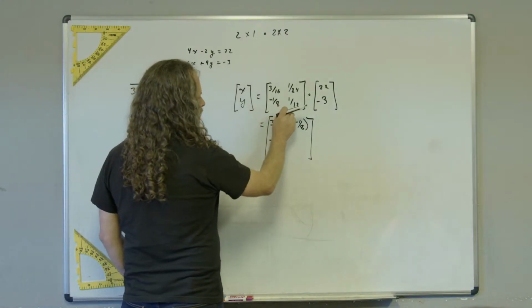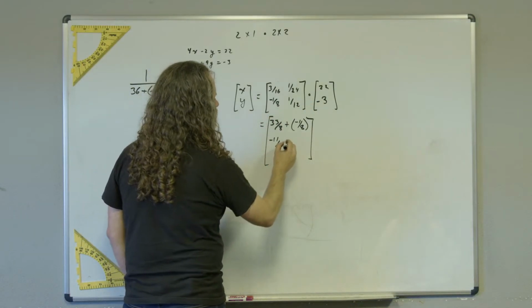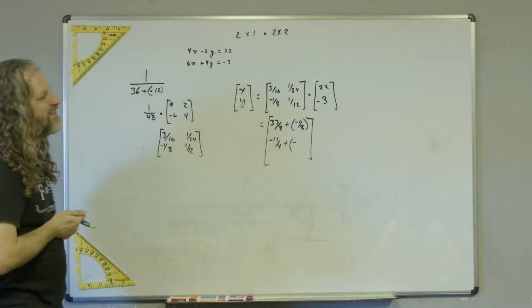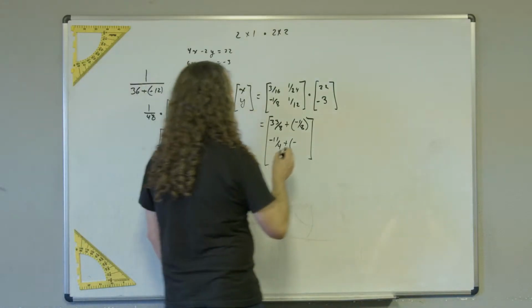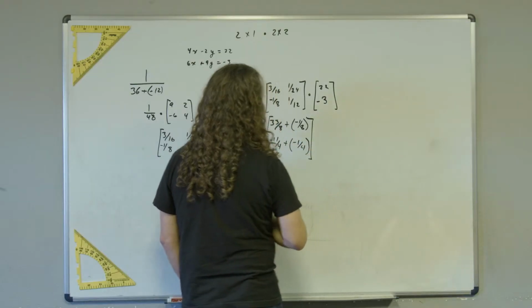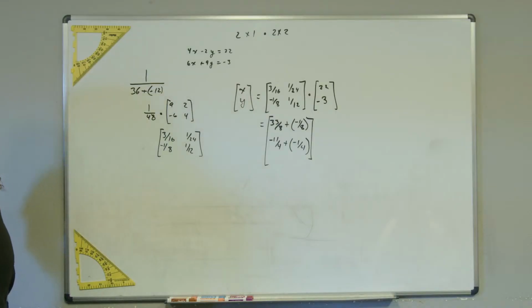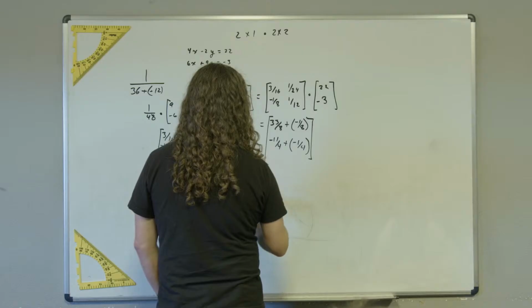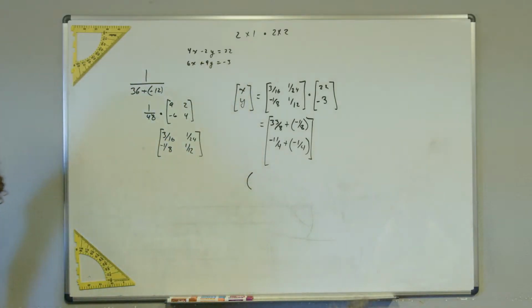Yeah. And then 1/12 times -3 is -1/4. Now you add. 32/8, which is what? 4.